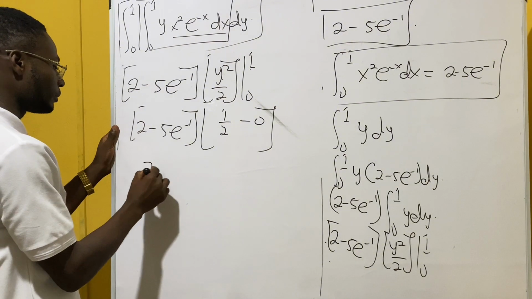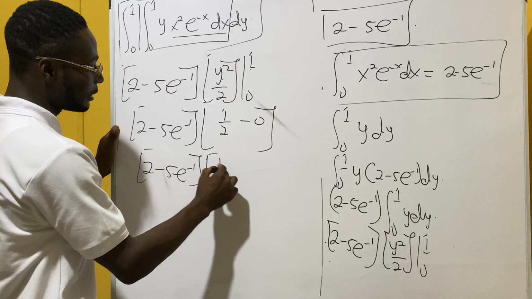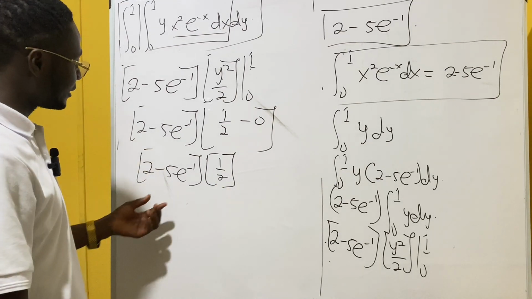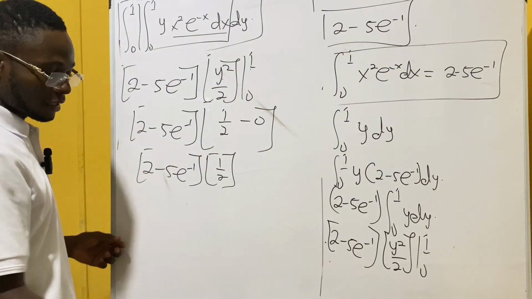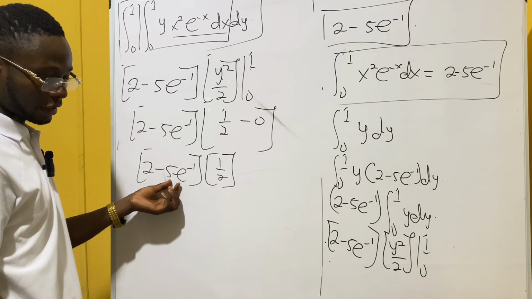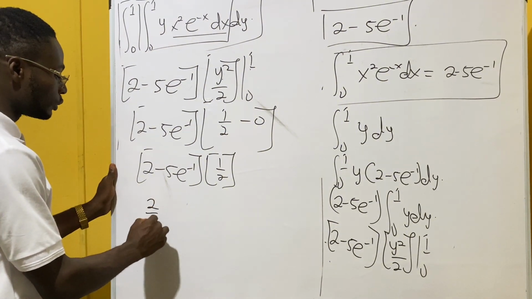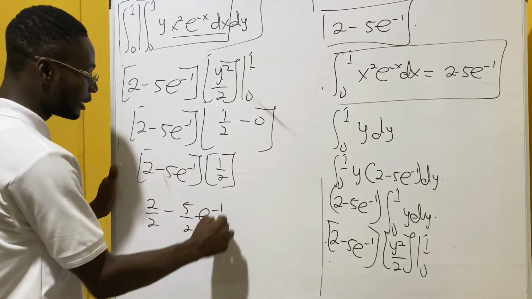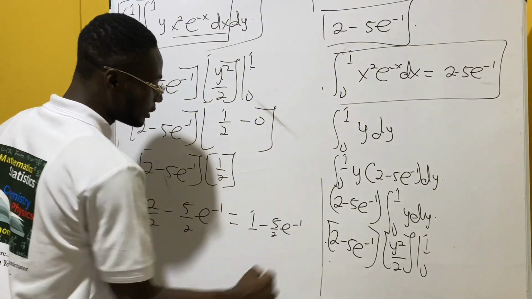So we have 2 minus 5 e power negative 1 multiplied by half. When you evaluate this, you have half times 2 minus 5 e power negative 1. So we finally have 2 on 2 minus 5 on 2 e power negative 1, and this is equal to 1 minus 5 on 2 e power negative 1.